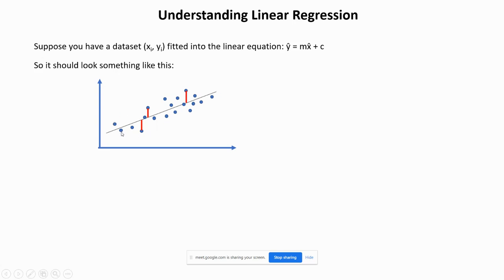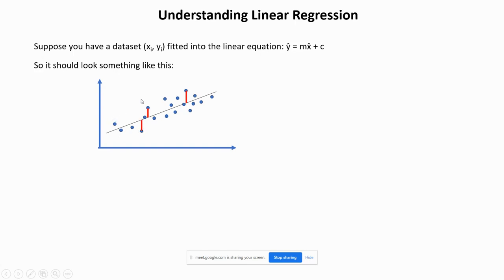Ma'am, can you explain again? Okay, just look at this red line and look at this red line. This is the positive error. If I take yi minus y hat i, this red value will give a magnitude which will be positive, and this red line will give a magnitude which is negative, right?